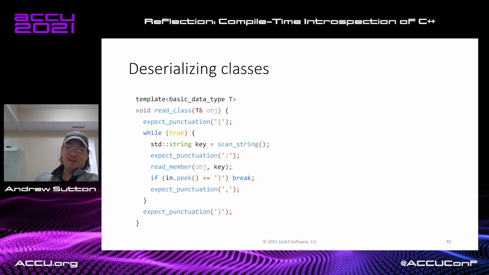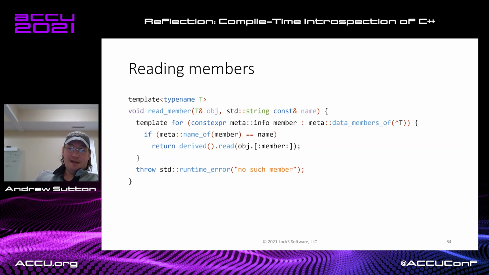The first thing inside of each loop is you get the key out of it by scanning the string, which just returns a string. You expect the colon, and then you call this function read member, which is going to recursively try to initialize each member variable of object given its particular key. And that function is this.